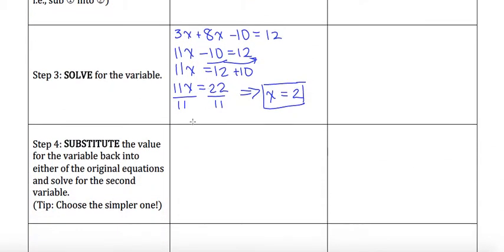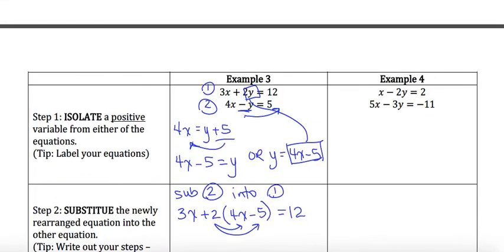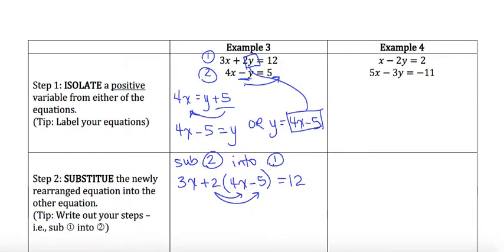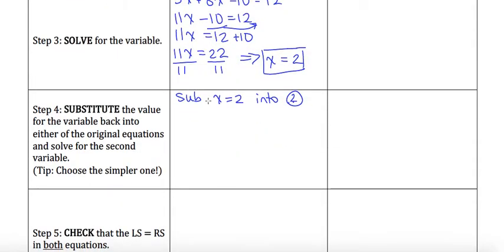So we're going to substitute x equals 2 into equation 2. All right, and equation 2 is 4x minus y equals 5.